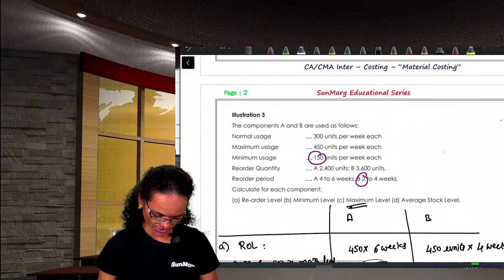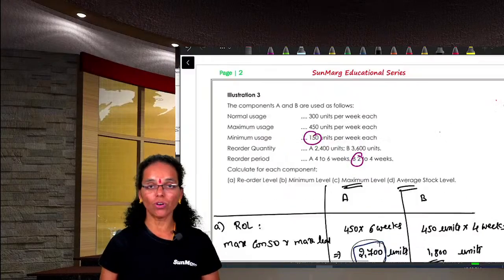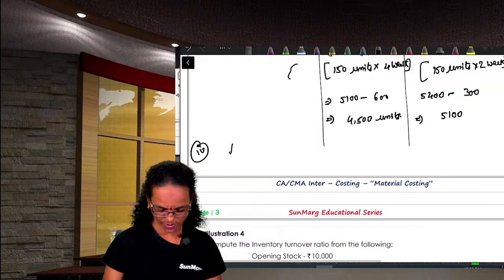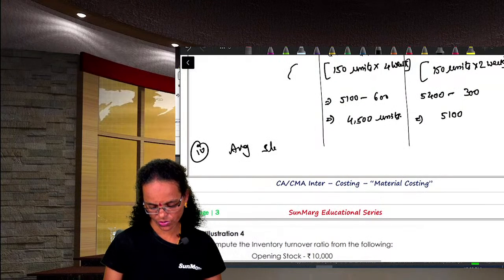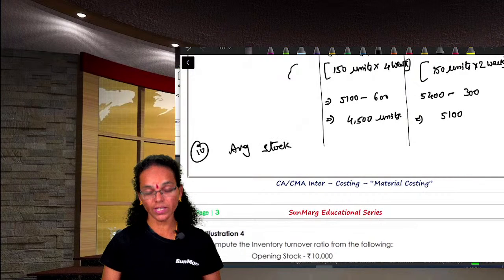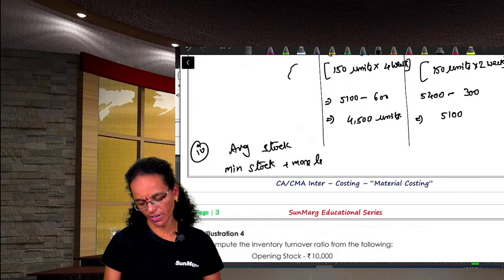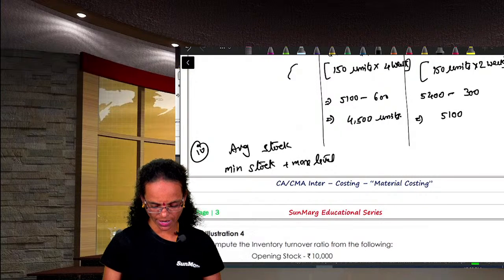And the last one, average stock. For average stock, the formula is minimum stock plus maximum stock, divided by 2.